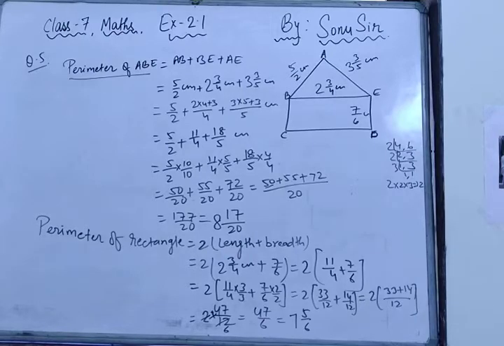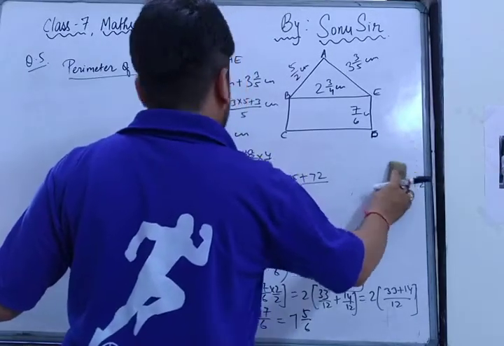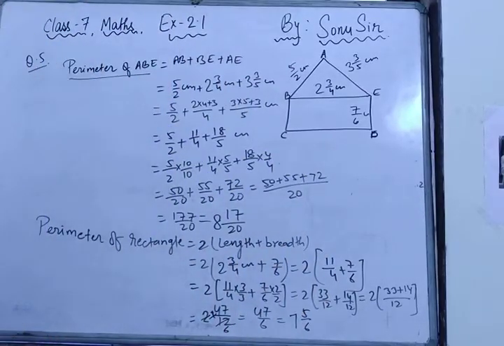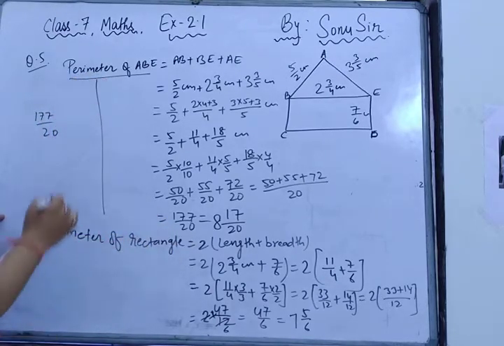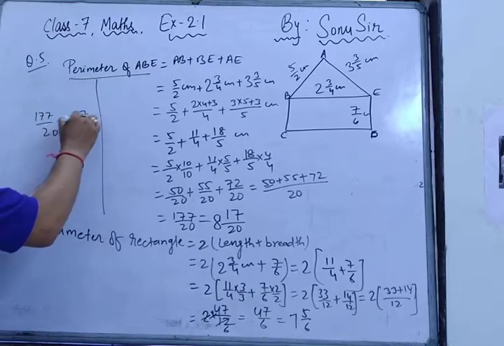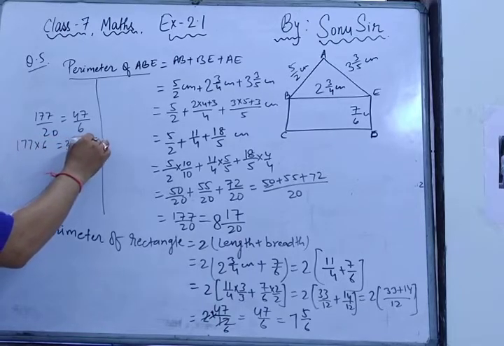Here you can see the perimeter of the rectangle. I am writing: the perimeter of the triangle is 177 by 20, right? And the perimeter of the rectangle is 47 by 6. All of you know cross multiplication. 177 into 6 is compared with 20 into 47.